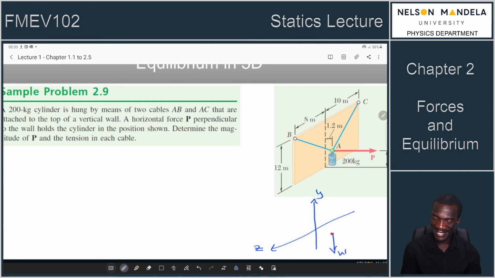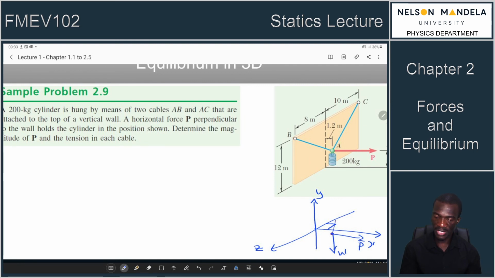So in the X direction, that's where we've got the force. And our force P is acting in that direction because they say it is perpendicular to the plane of this object. We've got another force, which is the tension.